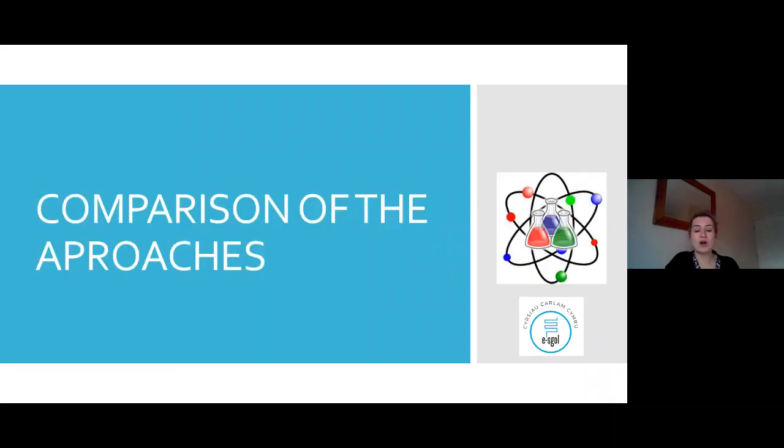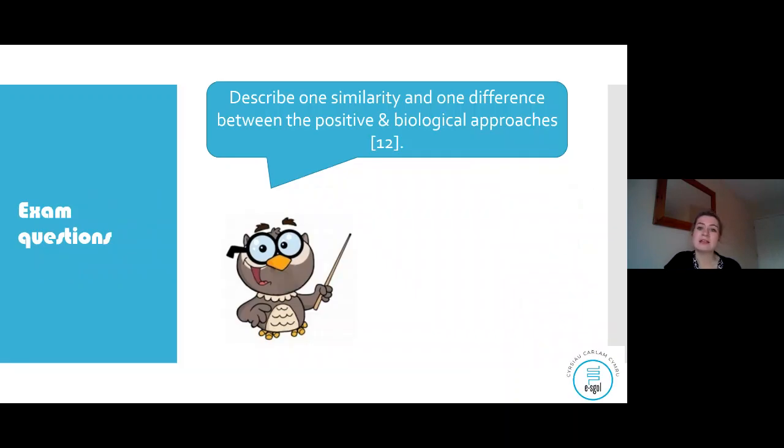So comparison of the approaches then, there's many different questions that you could be asked with this. I've chosen this one just because I have got some essay plans and some sample essays on it. However, there is lots of different combinations that this question could throw at you. So it reads on the screen, describe one similarity and one difference between the positive and biological approaches.